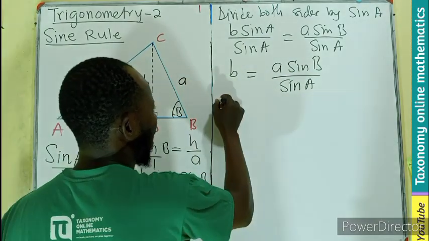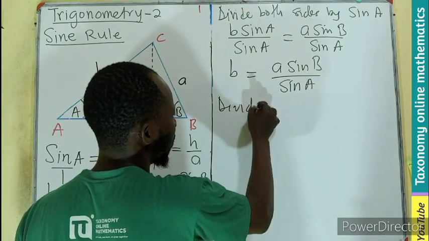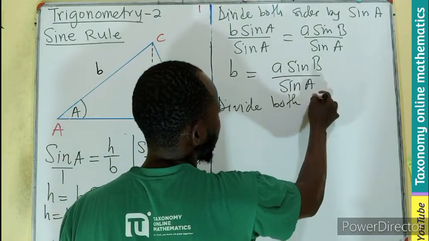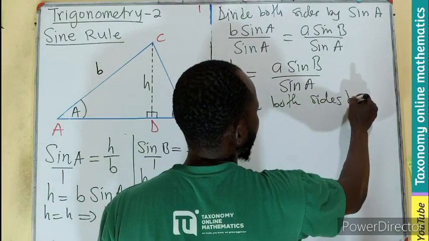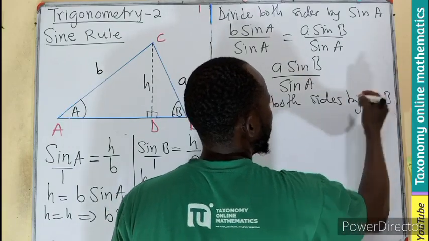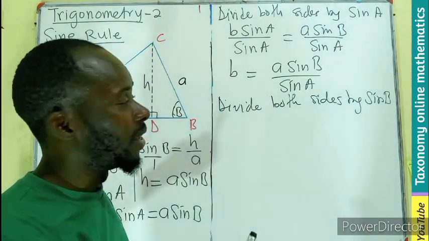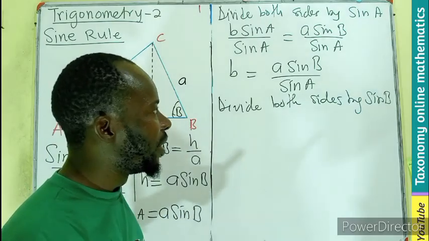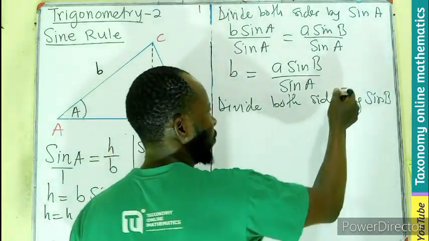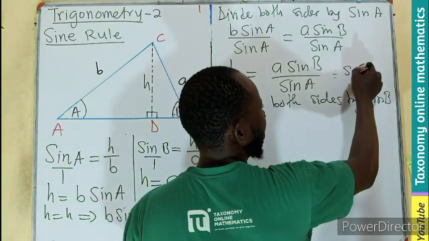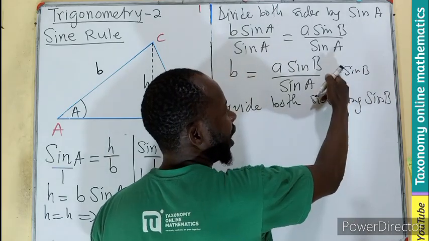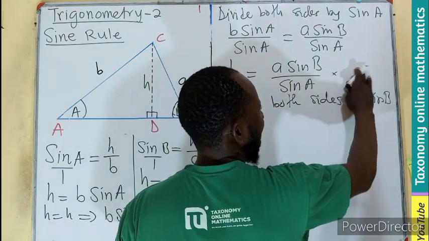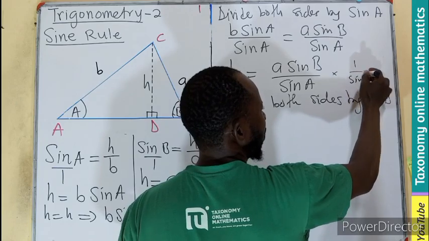So now let's divide again by the sine B. We are dividing by the sine A first, then the B. This is a fraction. So if we divide it by sine B, we can change this to multiplication and find the reciprocal, right?